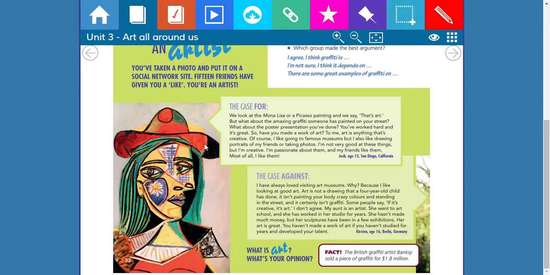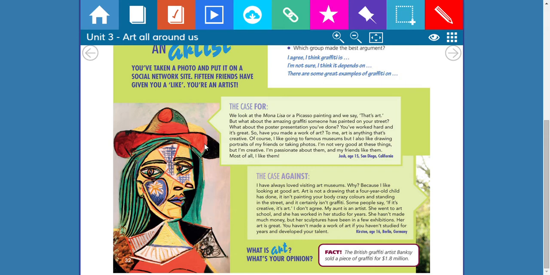The case against. I have always loved visiting art museums. Why? Because I like looking at good art. Art is not a drawing that a 4-year-old child has done. It isn't painting your body crazy colours and standing in the street. And it certainly isn't graffiti. Some people say, if it's creative, it's art. I don't agree.